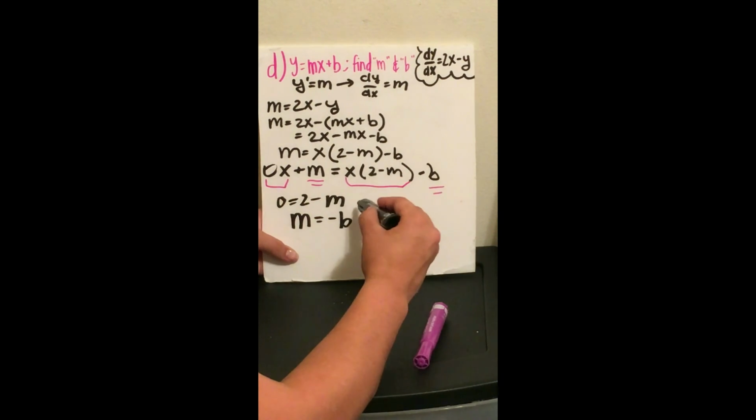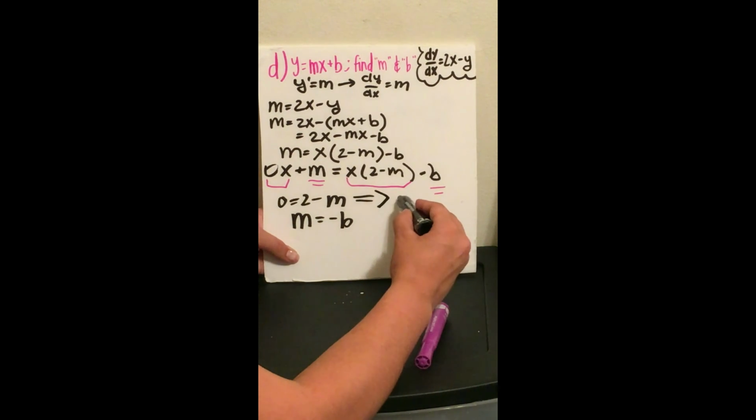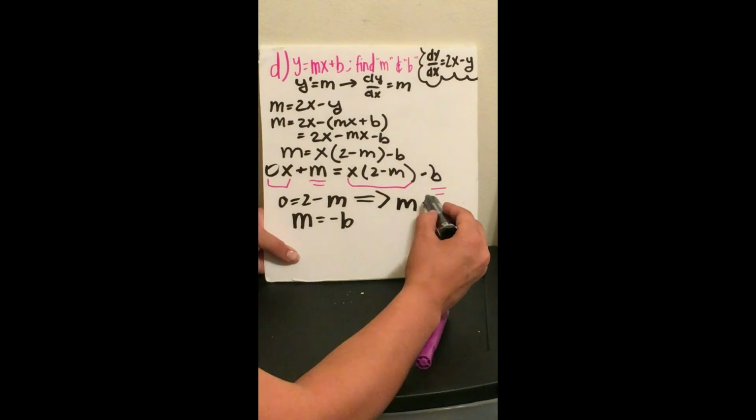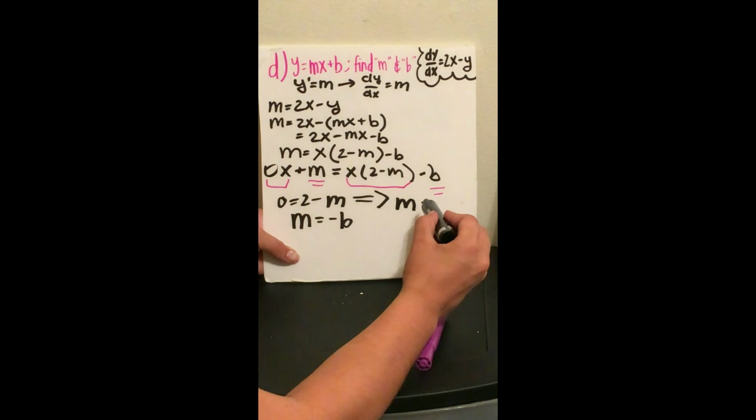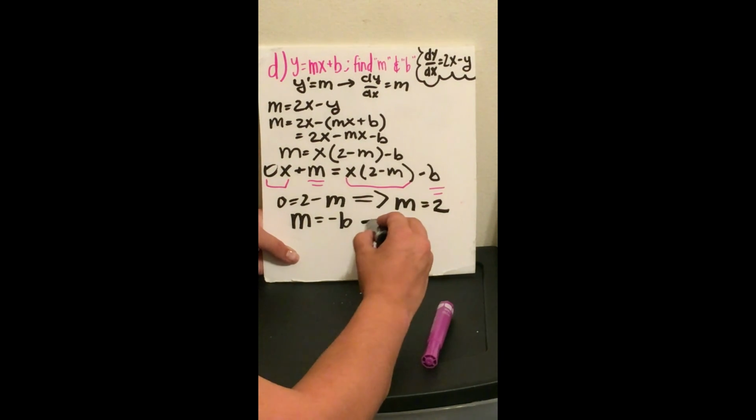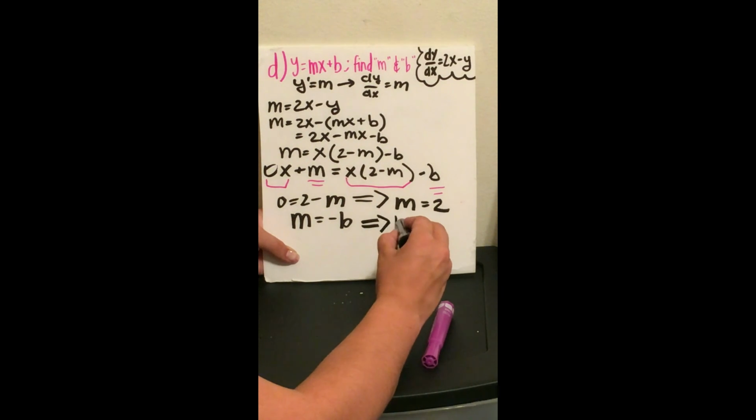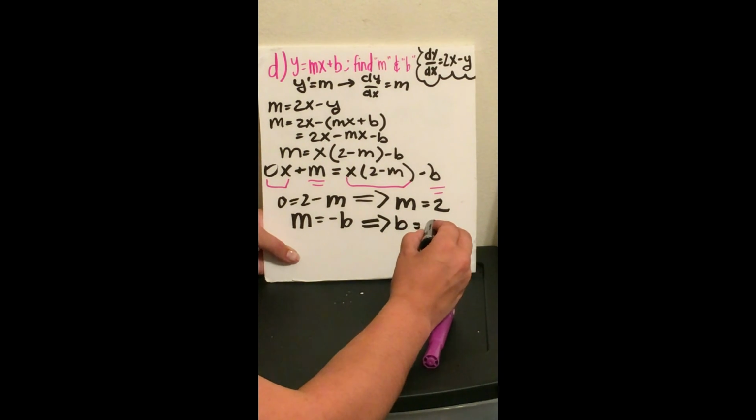So we can then assume that this implies m is equal to 2, and that b is equal to negative 2.